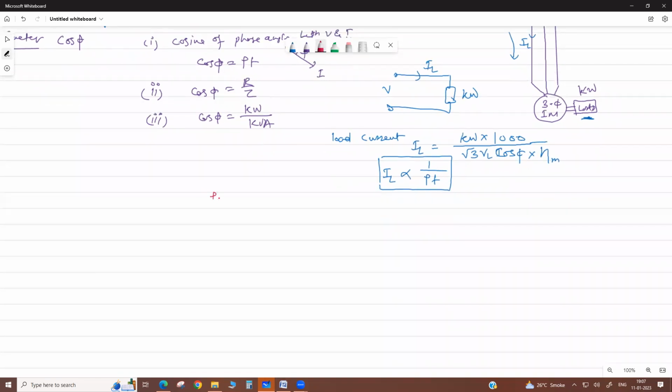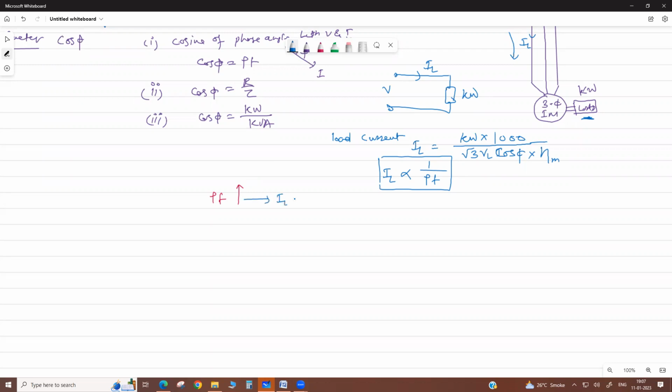It means in short, why do we improve the power factor? If the power factor is low, that is the disadvantage of low power factor; correction means we take the advantage of high power factor. So if we improve to a higher value like 0.9, from low values like 0.8 or 0.7, then what happens?